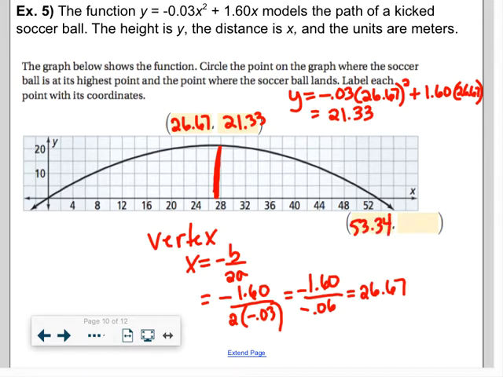And then the y value, oops, sorry, that one isn't 42. This is 0, right? Because it hits the ground, the height is 0. Sorry about that. So it takes a distance of 53.34 meters before the soccer ball hits the ground. This is on the ground.